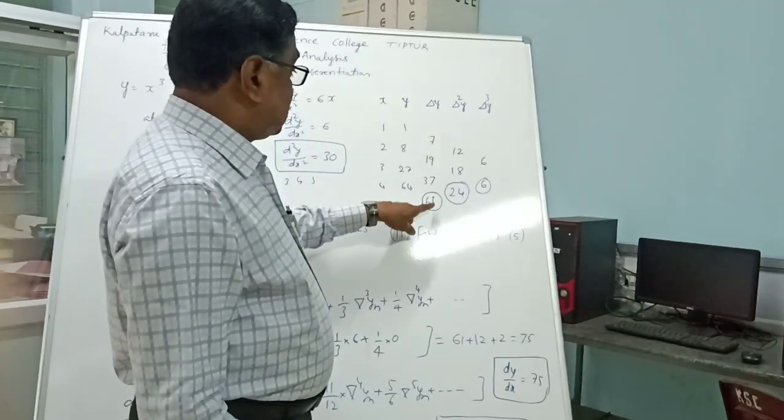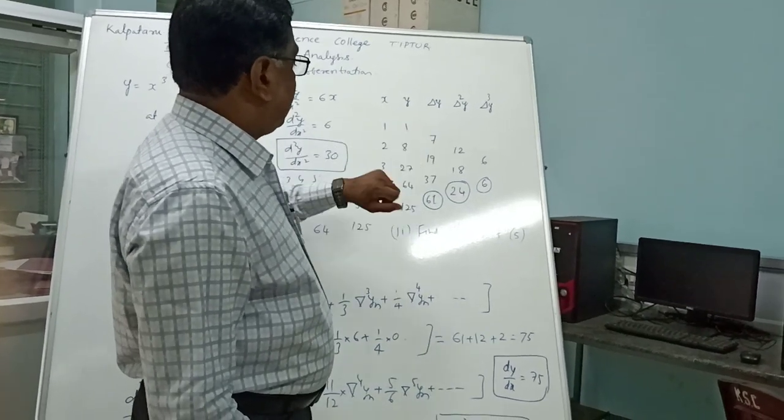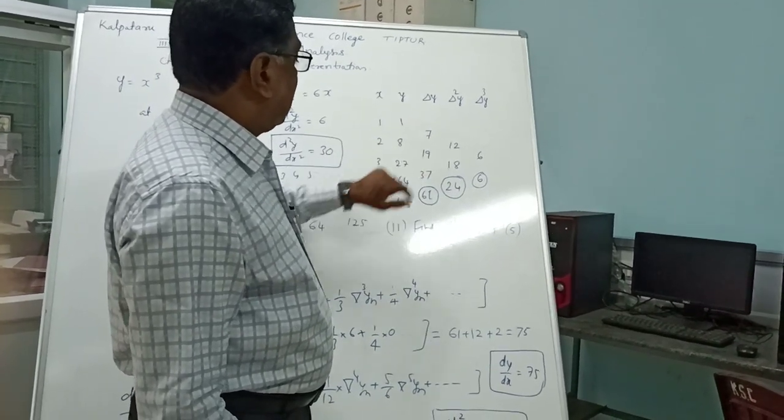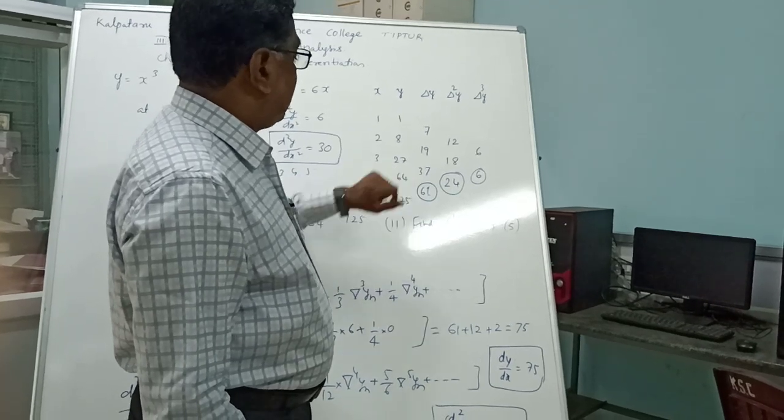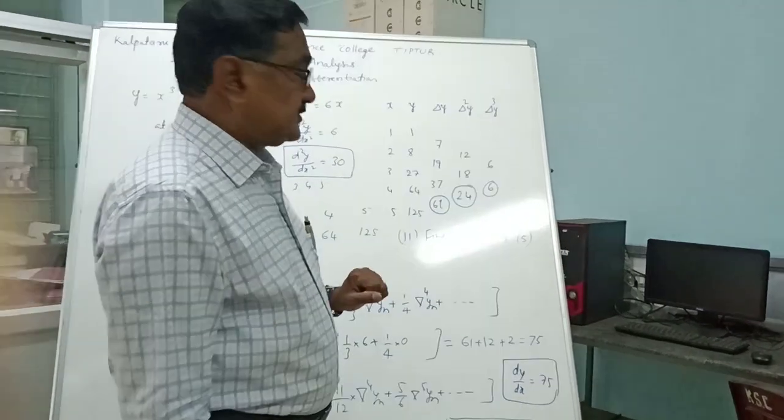First forward differences are obtained by taking differences: 8 minus 1 is 7, 27 minus 8 is 19, 64 minus 27 is 37, 125 minus 64 is 61. These are the first forward differences.